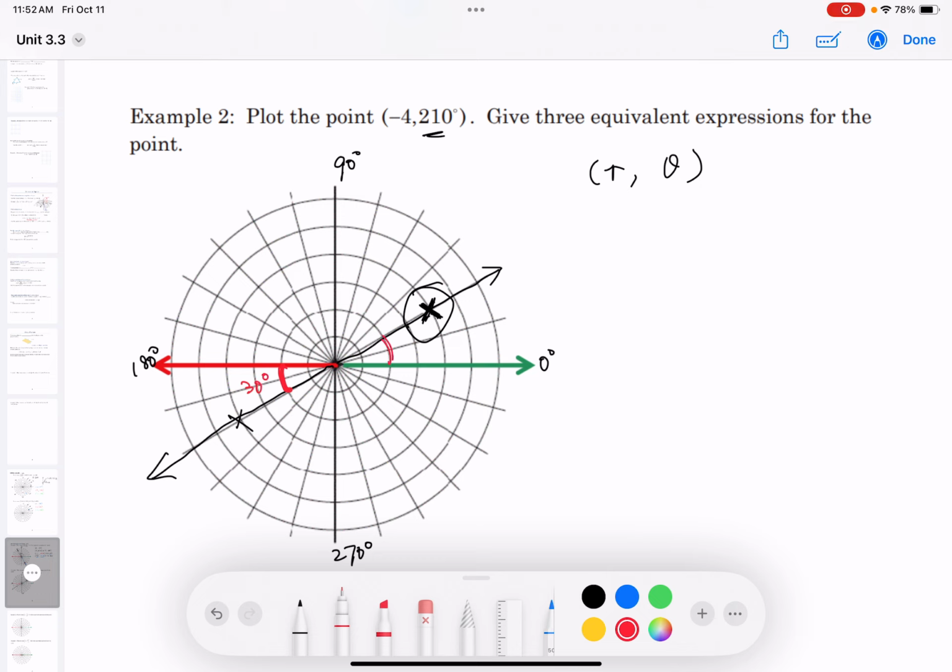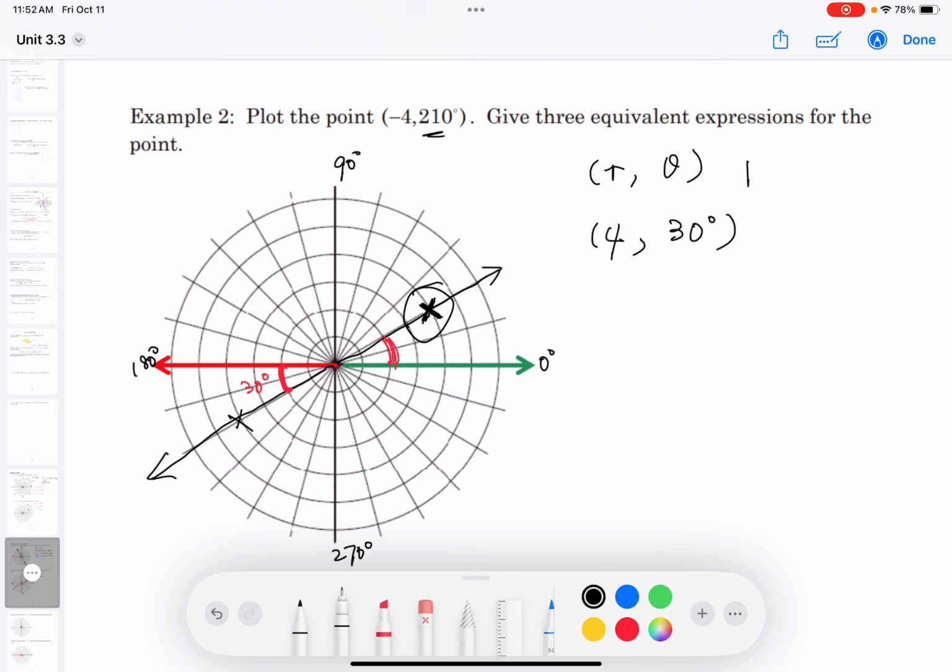That means the opposite, the vertical angle, is also 30 degrees. So in the first quadrant, I can tell the r is positive 4, and the angle is 30 degrees. Okay, let's do 4 here.